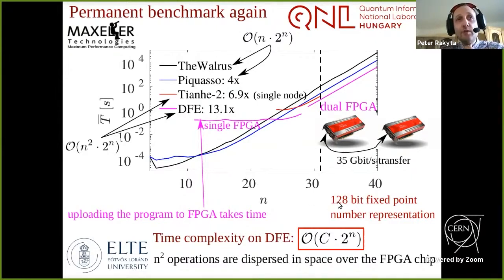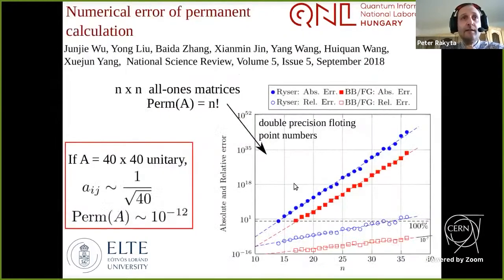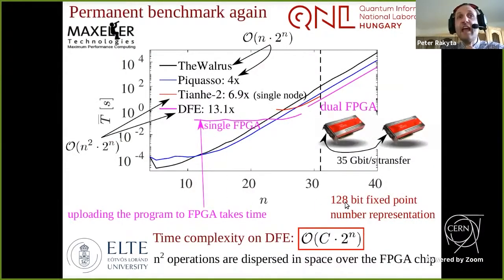Namely, we are doing arithmetic on 128-bit number representation. Typically, CPU and GPU hardware have a 64-bit arithmetic unit, and to do higher precision calculation, you would need to use a software solution.